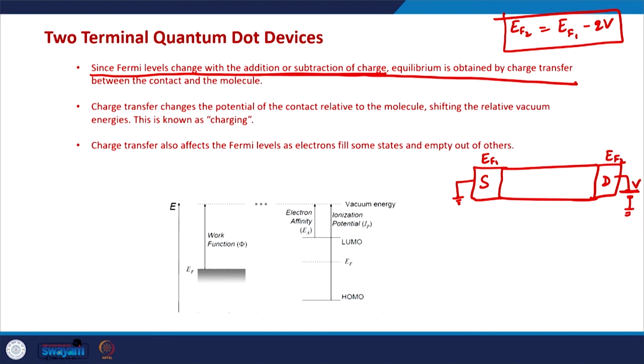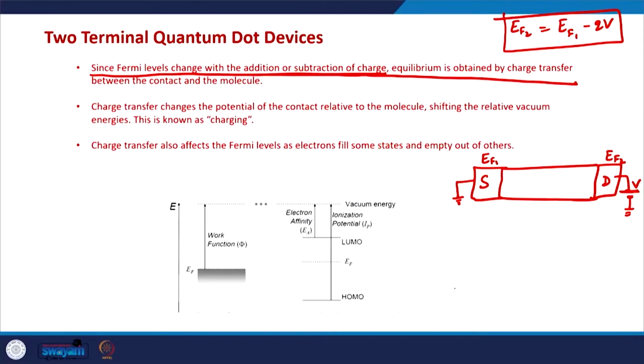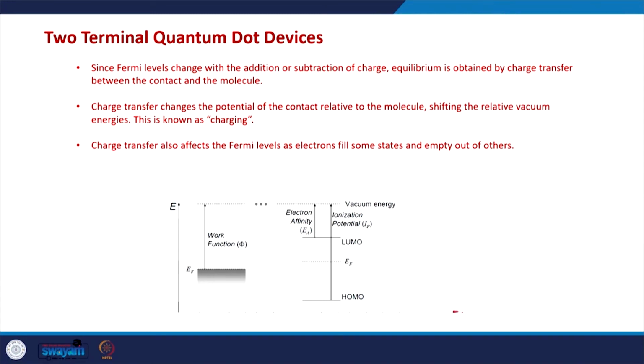Also, from quantum statistics, the position of the Fermi level depends on the number of electrons in the system. Let us say we have a quantum dot whose molecular orbitals are organized in this way.